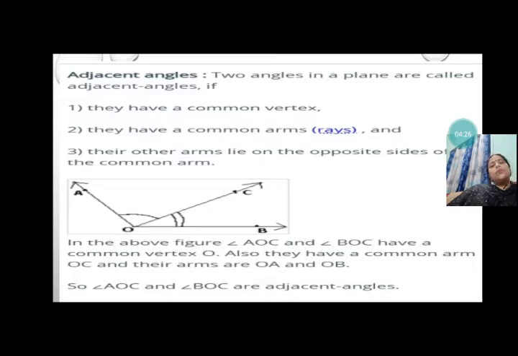How can we say? Because they have common arm OC, common vertex O, and their arms, that means OA and OB, are on the opposite sides of OC. So they both are adjacent angles.